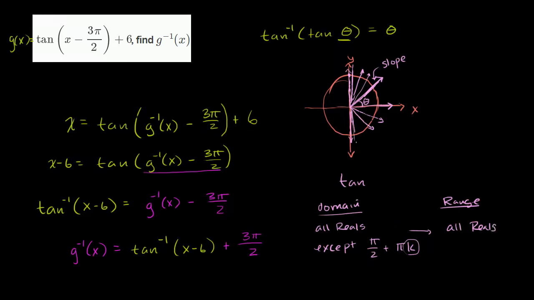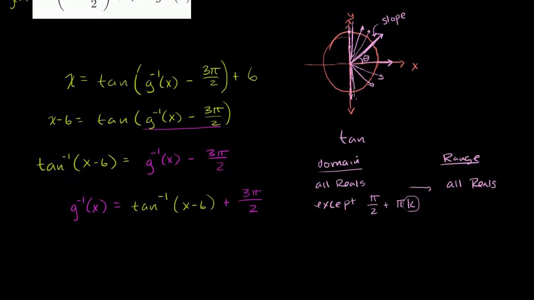Now, when you're talking about the inverse tangent, by convention, you're going to make tangent invertible so that you don't have multiple elements of your domain all mapping to the same element of the range. Because, for example, this angle right over here has the exact same slope as this angle right over here.